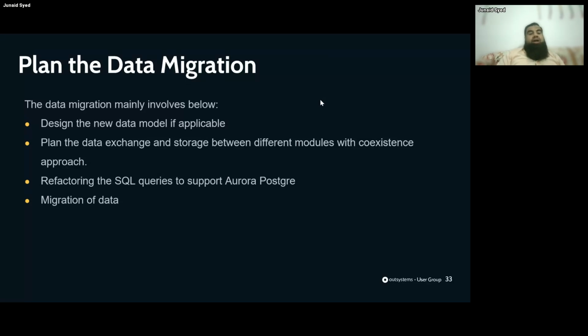So the data migration strategy also needs to have some plan for exchange of information between these two frameworks while the migration work is being done in phases. And we obviously had to refactor our SQL queries to support the underlying Aurora Postgres database, and then we had to come up with some strategy to perform the migration through Excel or through an intermediate database or whatever.